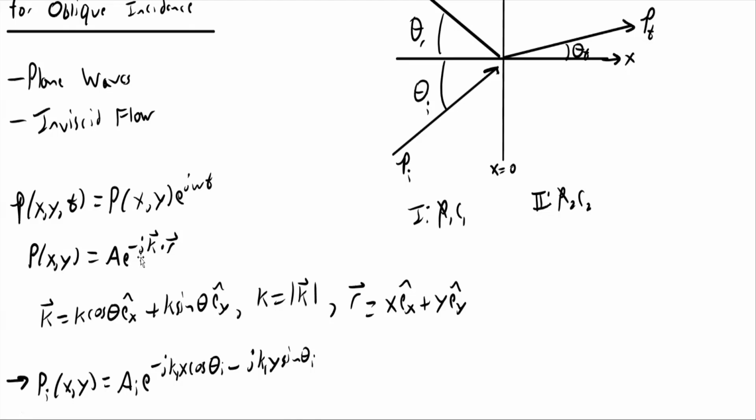Since we're plugging into the form e to the negative j k dot r, and our vector is positive in both the x and y direction, going up and to the right, which is positive, then we just retain the negative, because a positive vector dotted with a positive vector is going to be positive. So there's the minus, and each of those terms are minus.